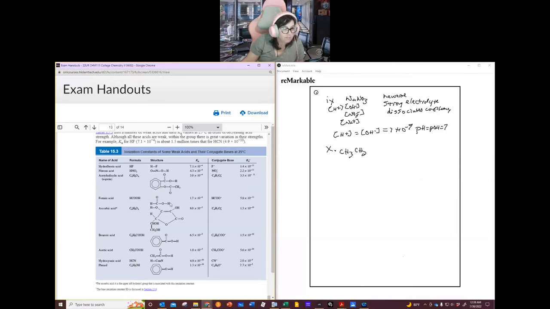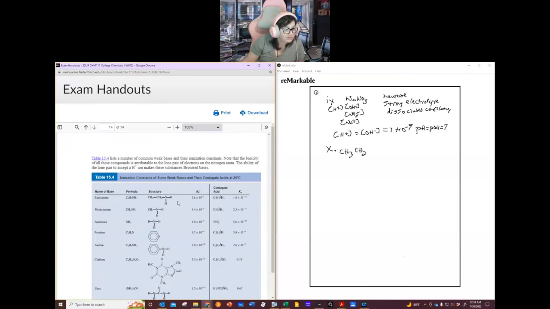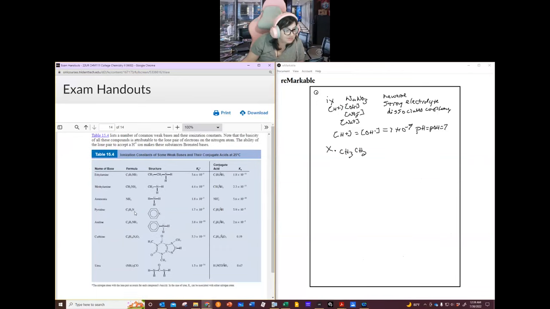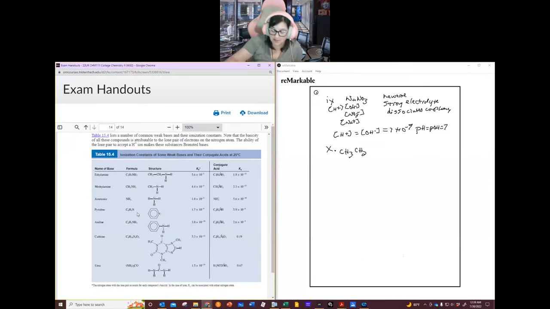Wrong table. CH3 and H2. I see none. So that means it's not a strong base, it's not a weak base, in which case it's neutral.